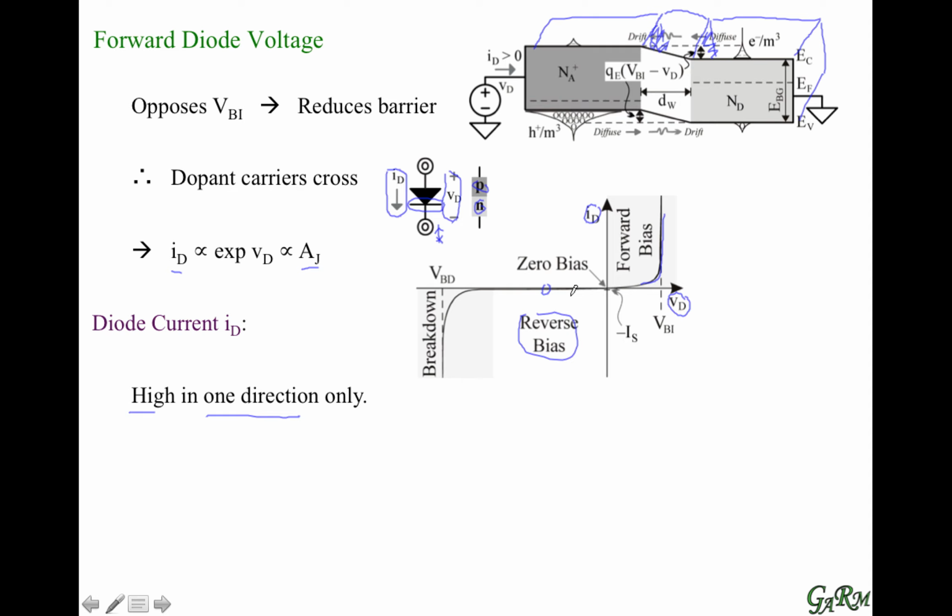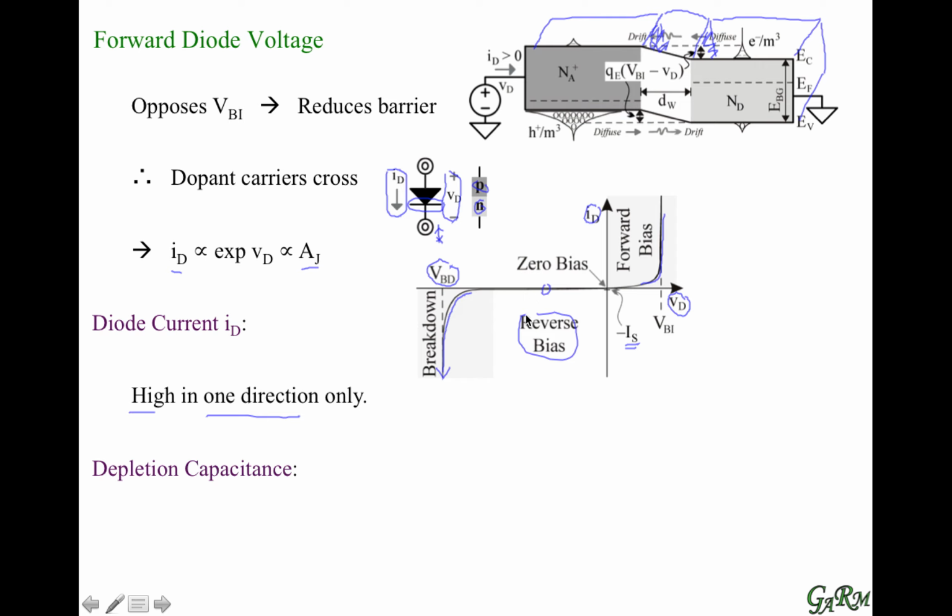It's so low that we can't see it, and it saturates very quickly to the reverse saturation current here. But if the reverse voltage is high enough, we reach the breakdown level, at which point the reverse current increases in avalanche fashion in the negative direction. So this is how current behaves with respect to voltage.